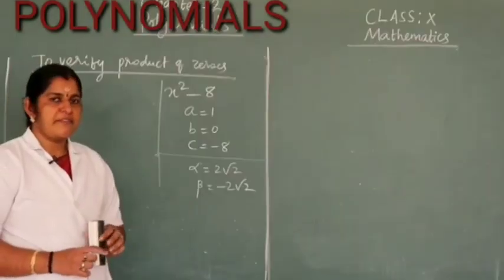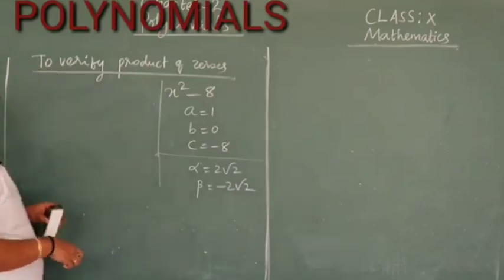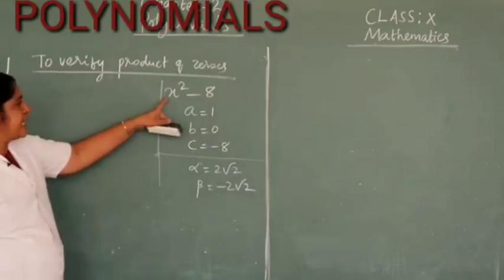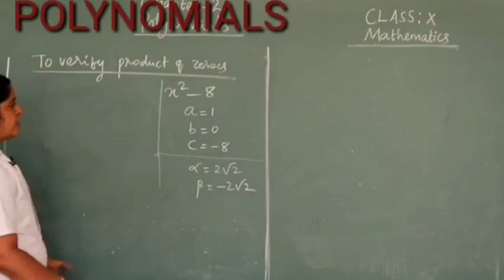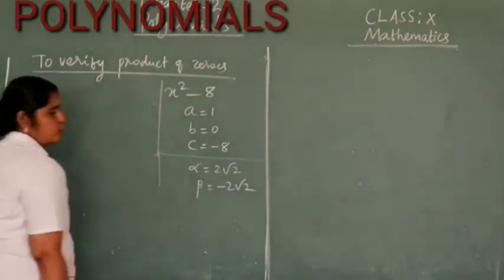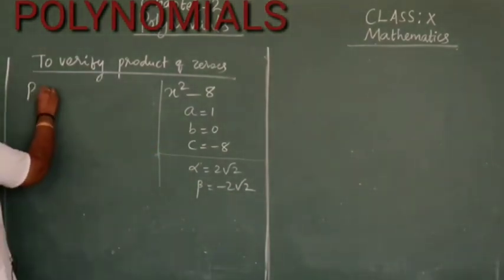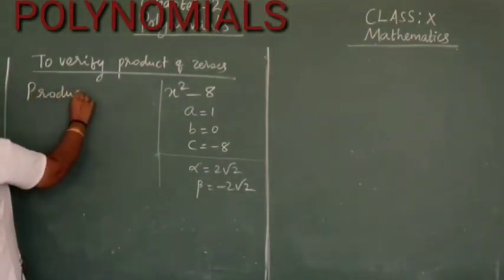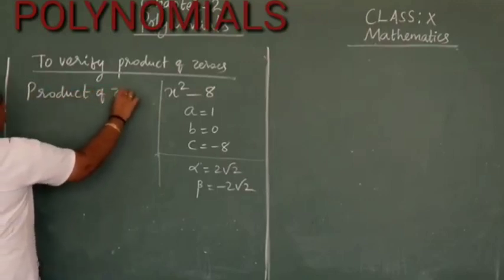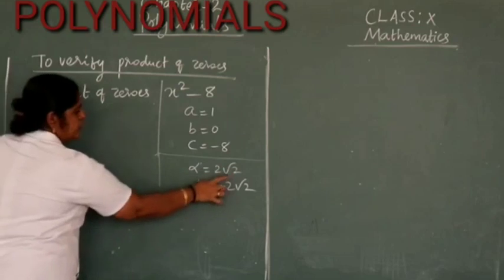We are going to verify the product of zeros using the relation. So here your polynomial is x square minus 8. So what two zeros did we get? 2 root 2 and minus 2 root 2 are our two zeros of the polynomial. So first we can do the product by our direct method. Product of zeros equal to, we need to multiply the two zeros.